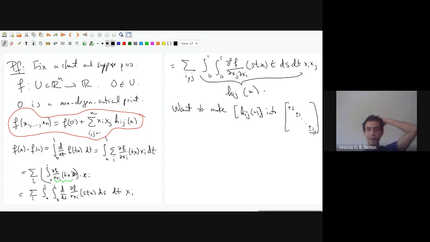It's not hard to believe that you can do it because, as I said before, the second derivative of f as a matrix, d2f at 0 as a matrix, is just twice the matrix hij at 0.